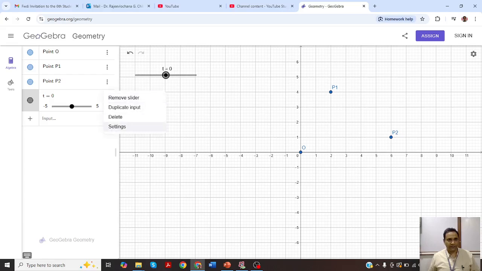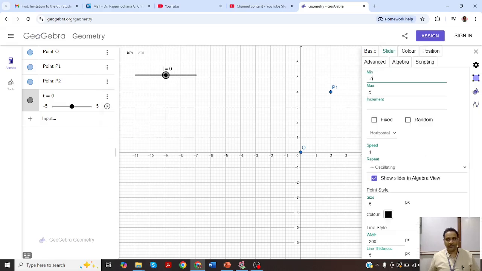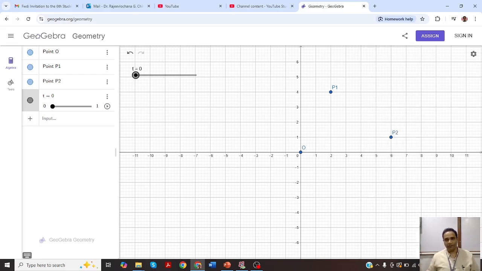T changes from, if I go to settings, I can have 0 to 1. So the value of t will go from 0 to 1. Now what else do we need? We'll require a small px, the x coordinate.